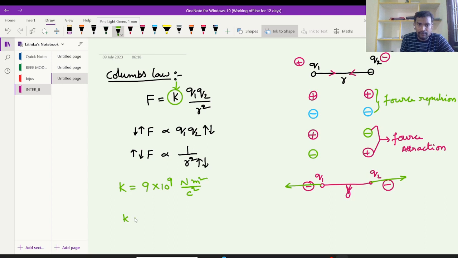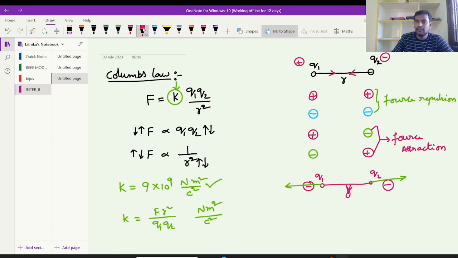Then k will become F into r square by Q1 Q2. The unit for force is Newtons. The unit for distance is meter, so r square gives meter square. The unit for charge is coulomb, and coulomb multiplied by coulomb gives coulomb square. That's why we got the units for k as Newton meter square per coulomb square.